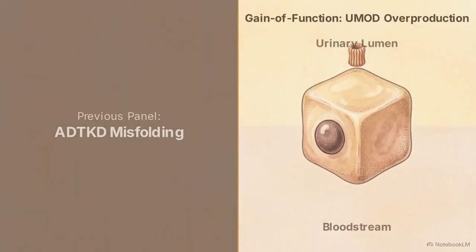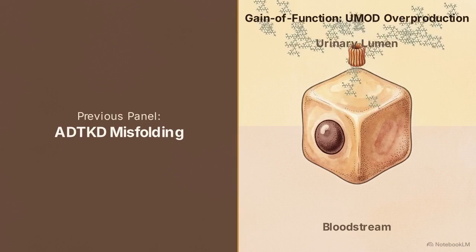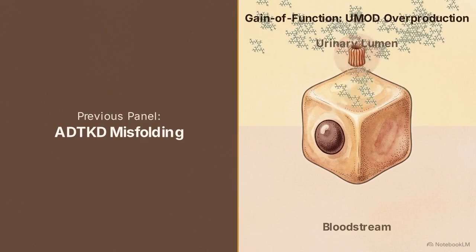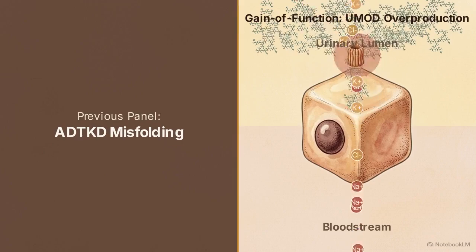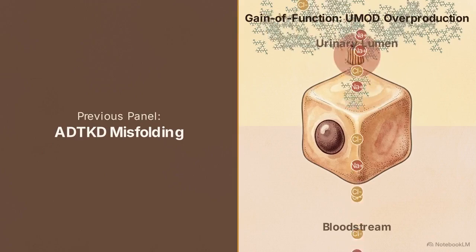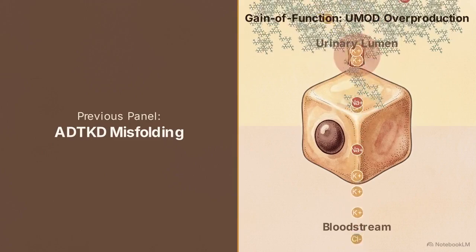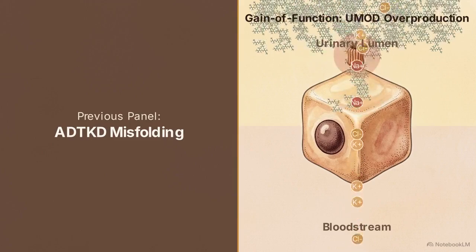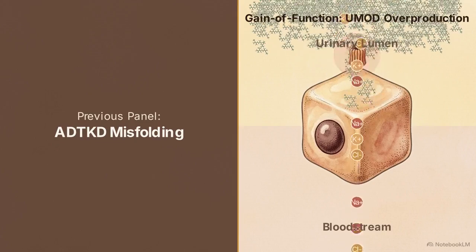The opposite extreme involves common variants in the UMOD promoter region. These genetic variations cause the cell to manufacture massive quantities of structurally normal uromodulin. This chronic overabundance overactivates the NKCC2 transporters. NKCC2 is a membrane protein that actively moves sodium, potassium, and chloride ions from the urine back into the bloodstream.